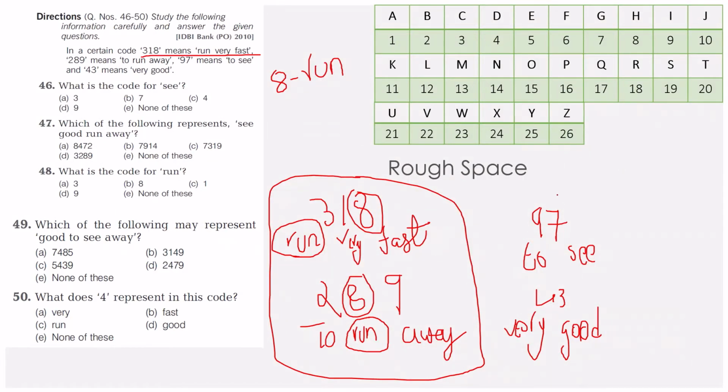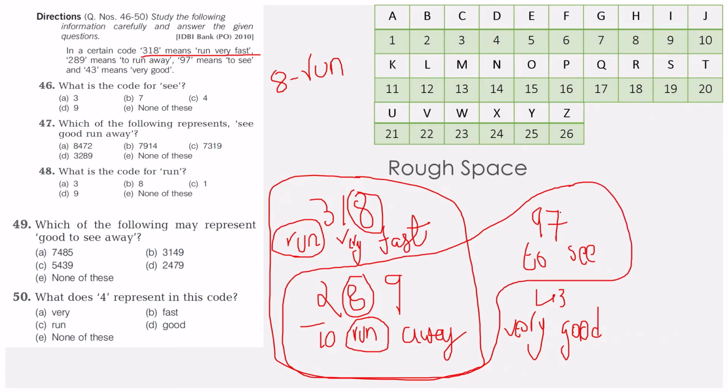And if you take a comparison between these two, you'll get a code for 9. 2 and 2 is common over here in these two. So 9 stands for 2.